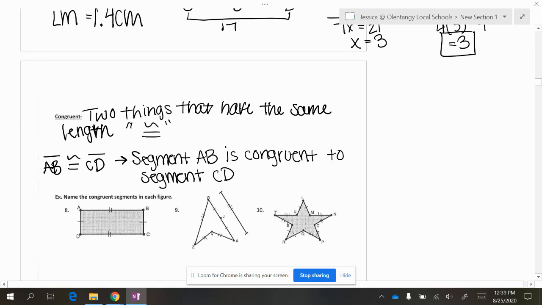Okay, so it means is congruent to. Means it's the same exact measurement. If segment AB is 4 inches, that means segment CD is 4 inches. They are the same exact thing.